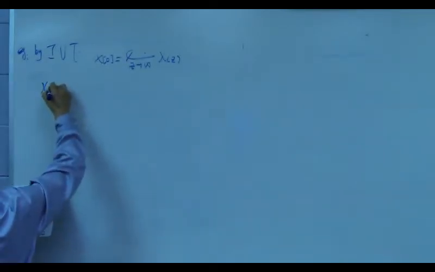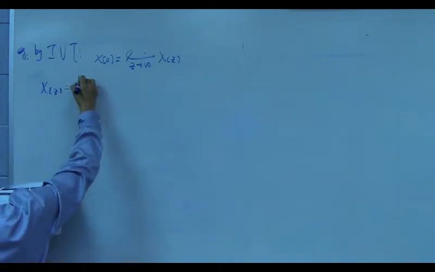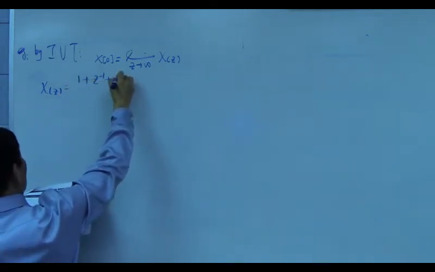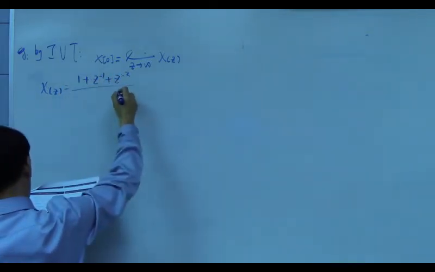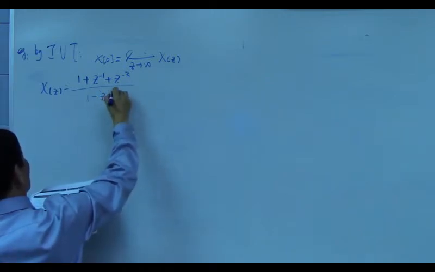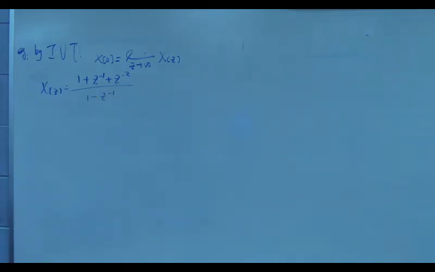Suppose, example by initial value theorem. The example is X(z) equals 1 plus z to the negative 1 plus z to the negative 2, over 1 minus z to the negative 1. First, let's try the method we discussed before.